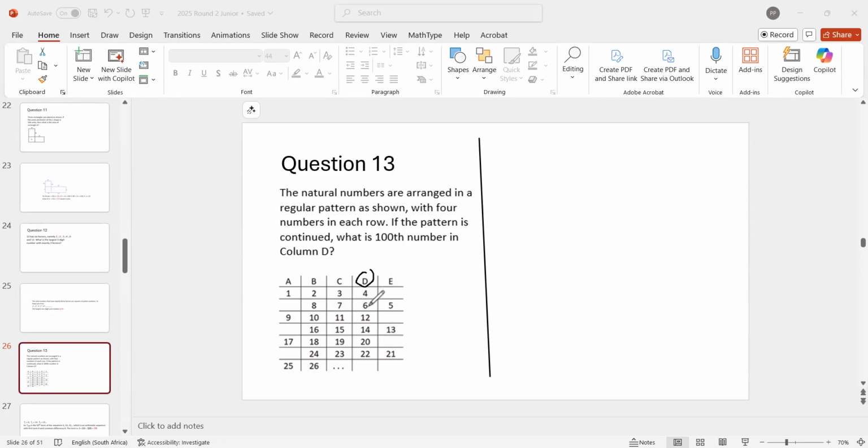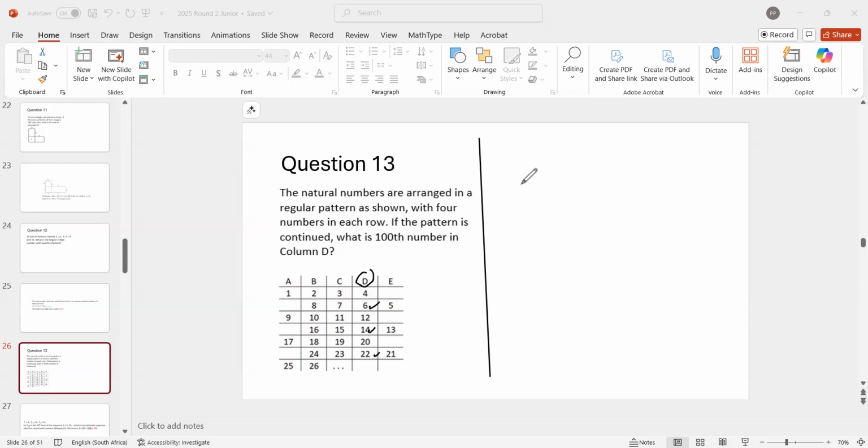That means you're adding 2, then you're adding 6. You're adding 2, you're adding 6. So there is a pattern, but it's not very clear. You're adding 2 different things at the same time. But if you're looking for the 100th number, it'll have an even position, because this is the second one, fourth one, sixth one.